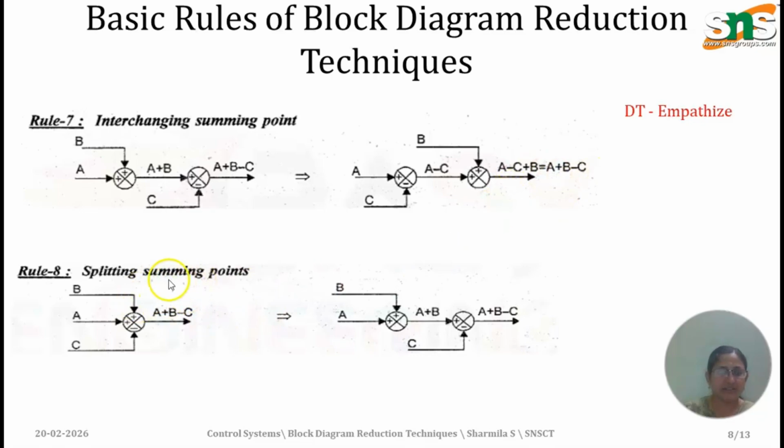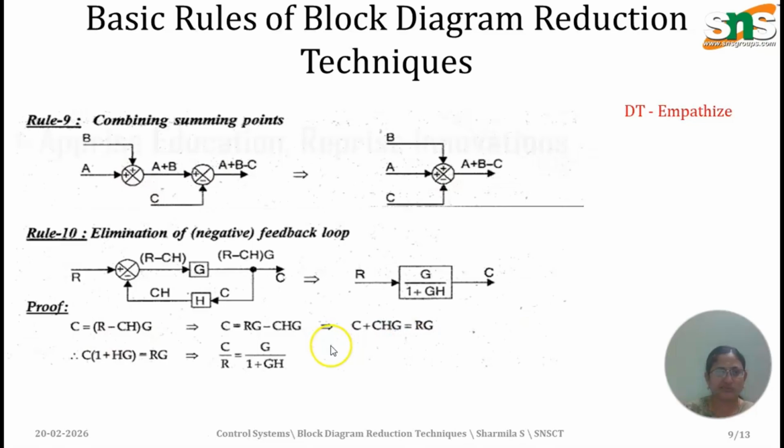Similarly, splitting summing points: A, B, C gives A plus B minus C, and then A plus B and minus C. Combining summing points gives A plus B minus C. Here we can combine A, B, C into A plus B minus C.